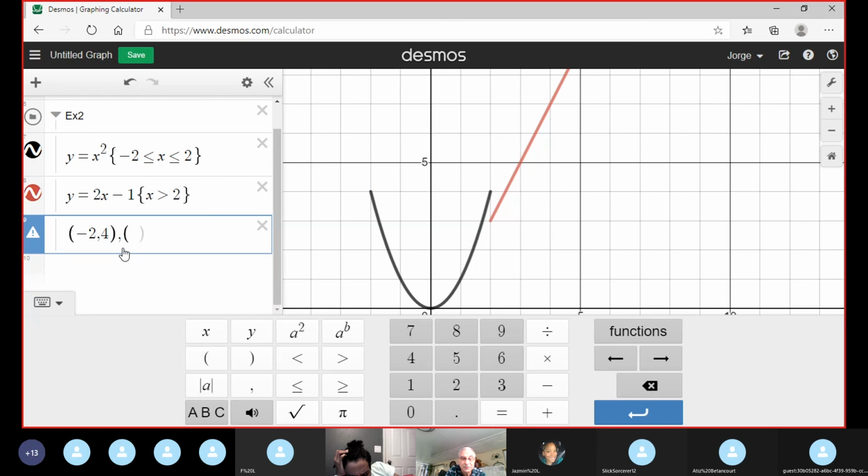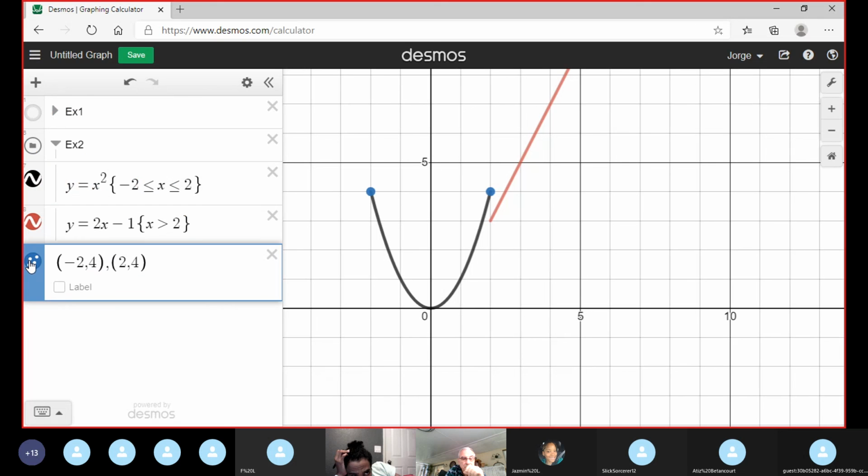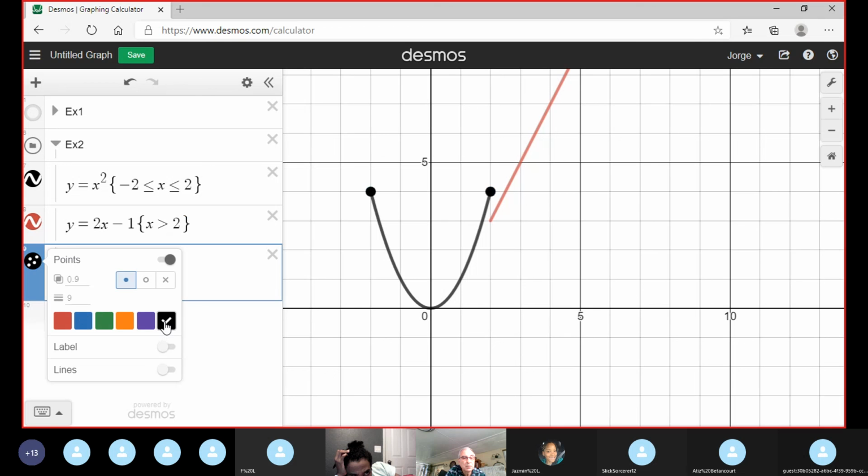When the points have the same features, you can put them together. 2,4. And this is maybe black color. Black color, and this is solid, of course.